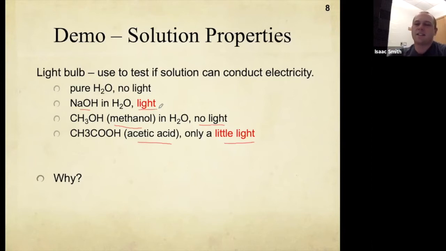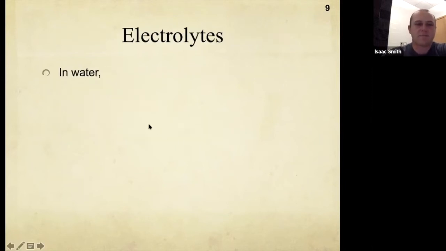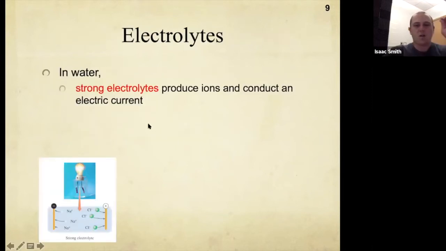And it leads us into the next slide, which we're going to be talking about electrolytes. Okay, so strong electrolytes produce ions, right? A strong electrolyte is going to be something that dissolves in water.